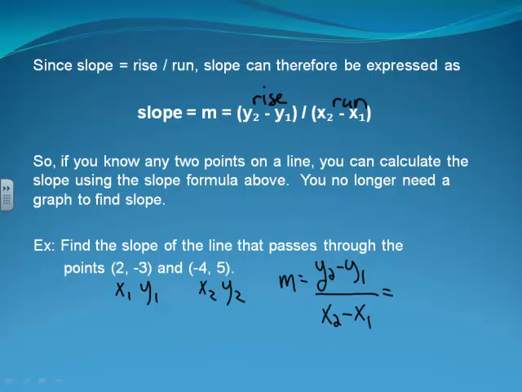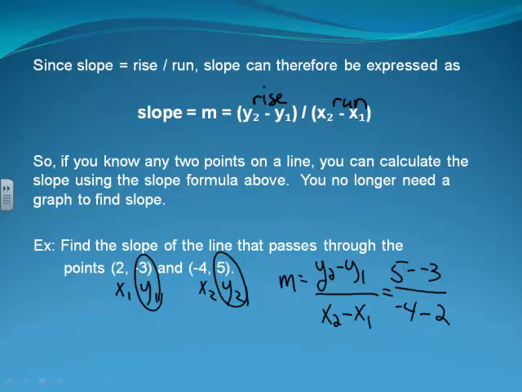In this case, y2 minus y1, as I have it labeled, would be y2 is -3, y1 is 5... so y2 minus y1 would be 5 minus -3, over x2 minus x1 would be -4 minus 2.